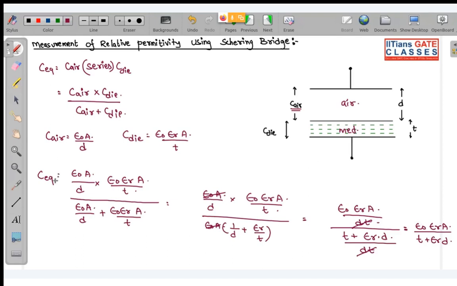So this is C equivalent. Let me mark this as C equivalent 1, which is the capacitance when the dielectric medium is present. It is epsilon naught epsilon R A divided by T plus epsilon R D. Tell me, is this clear?